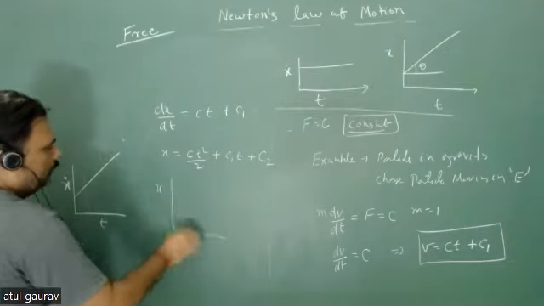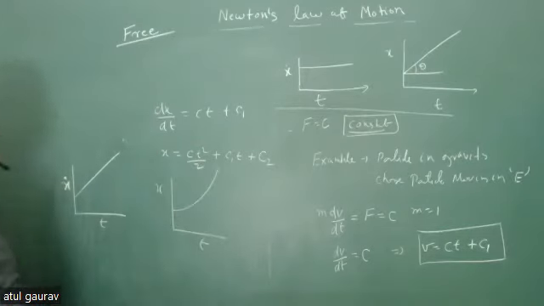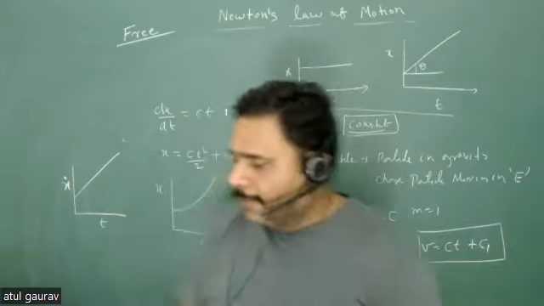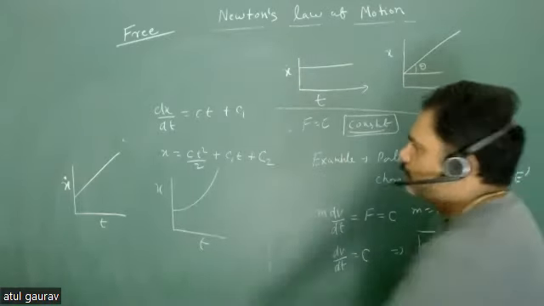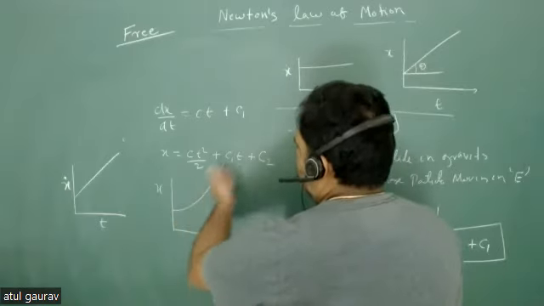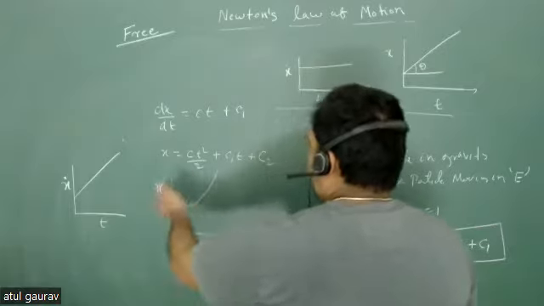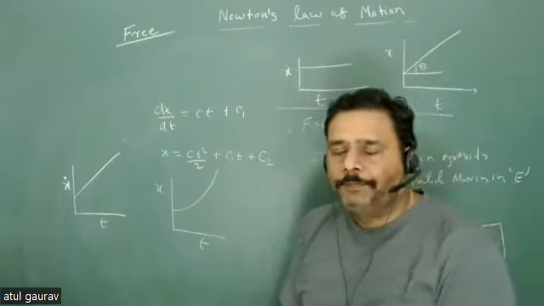This profile is x versus t and it is parabolic in nature. At t equal to 0, I can have some value c2, and again it will keep increasing and go up to some limit.